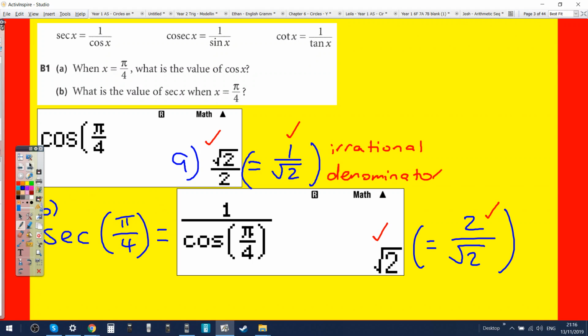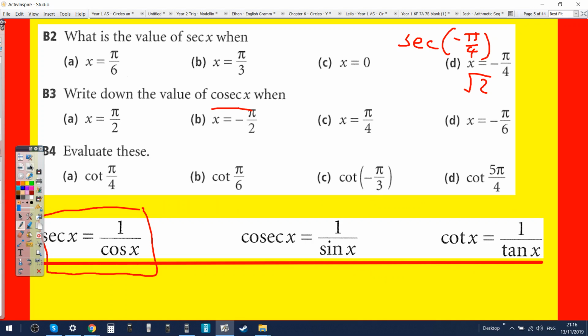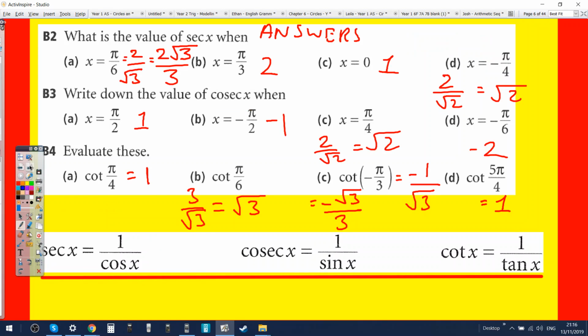That's it. So the first one was root 2 over 2, and the second one would be 2 over root 2, and it just automatically rationalizes it. Yep. So they're all going to be fine.